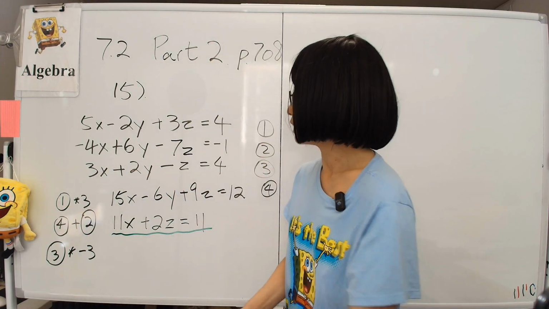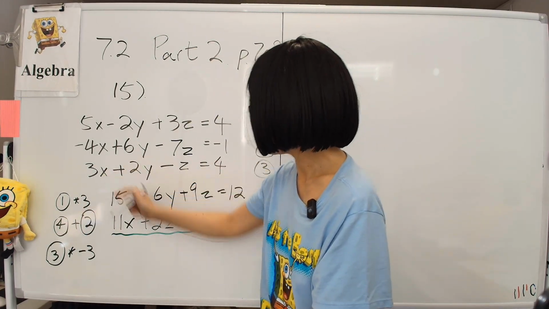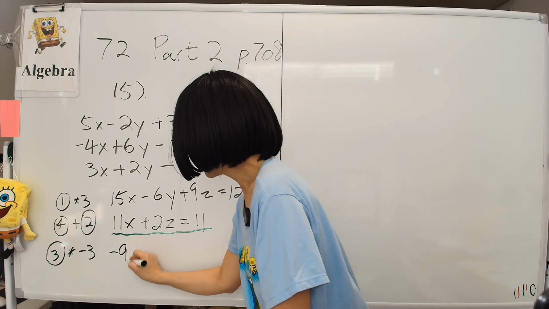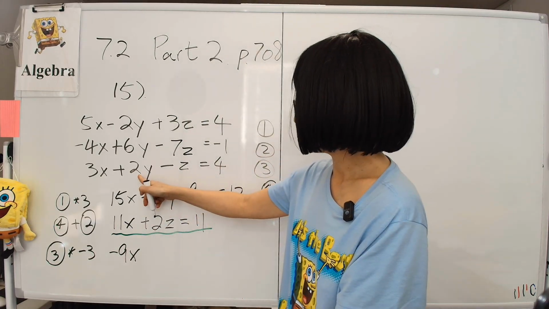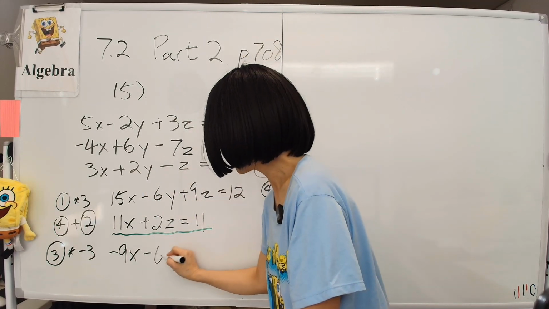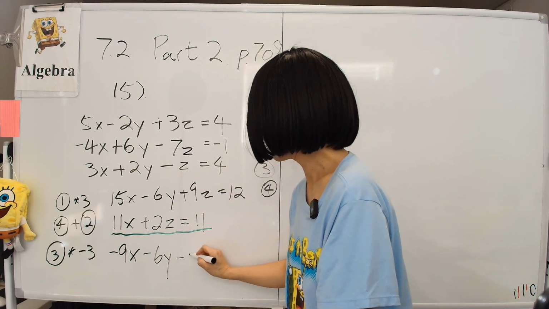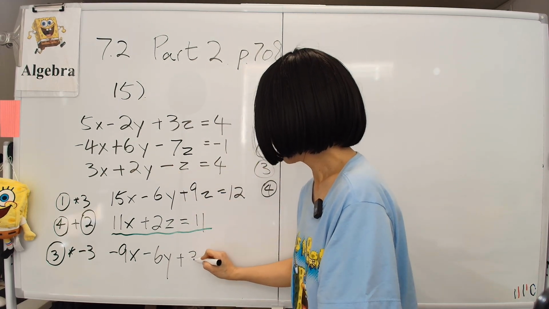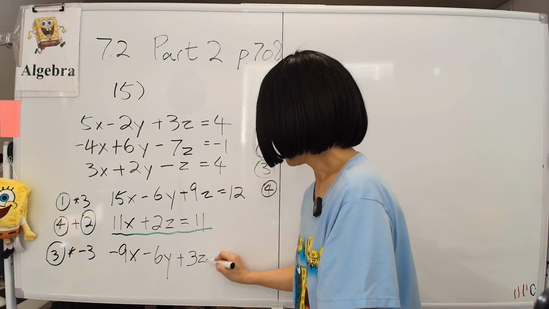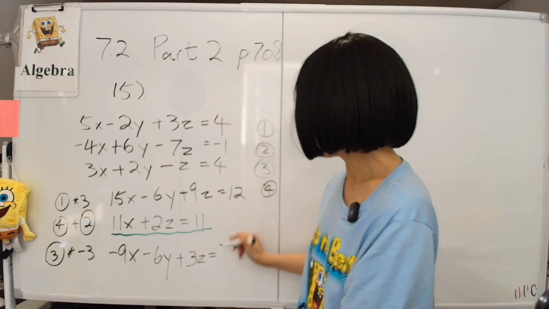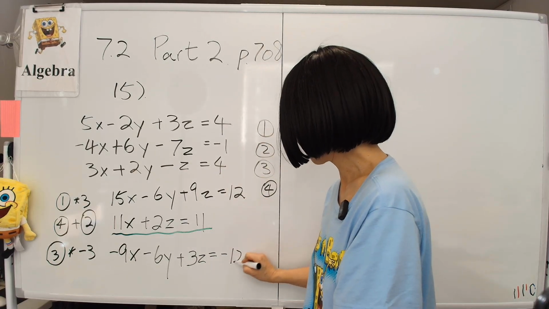This times minus 3 is negative 9x, that times minus 3 is minus 6y, and this times minus 3 is positive 3z. And that equals 4 times minus 3, that's minus 12.